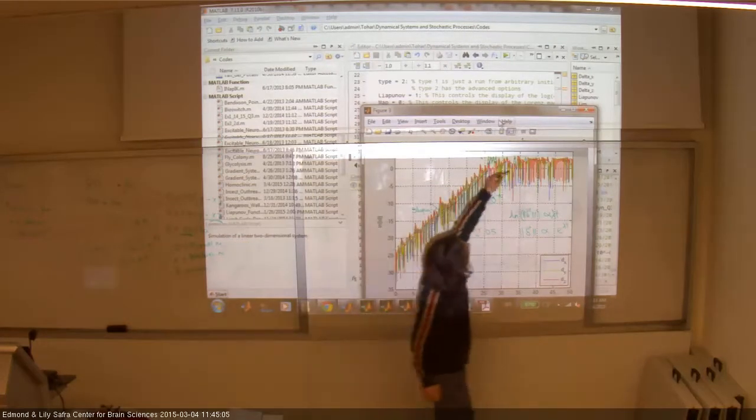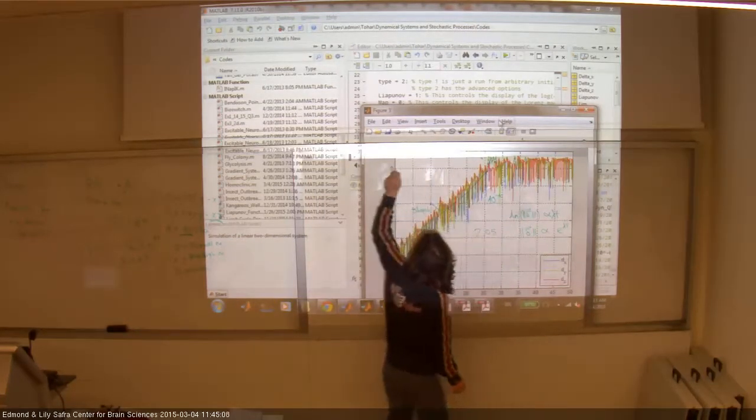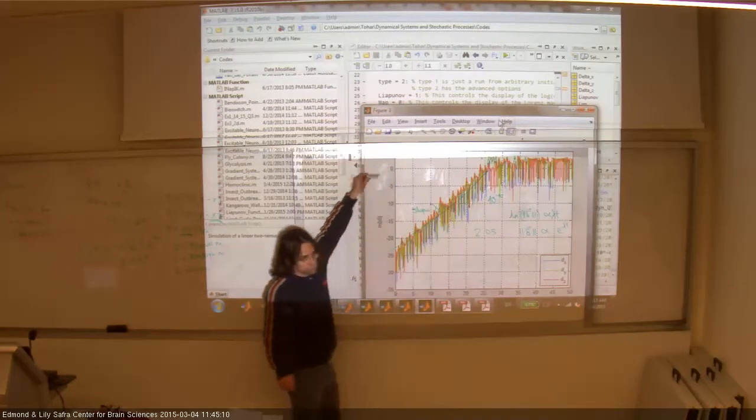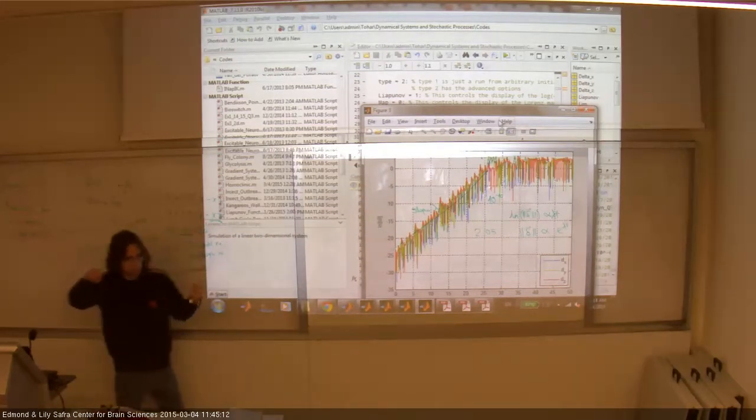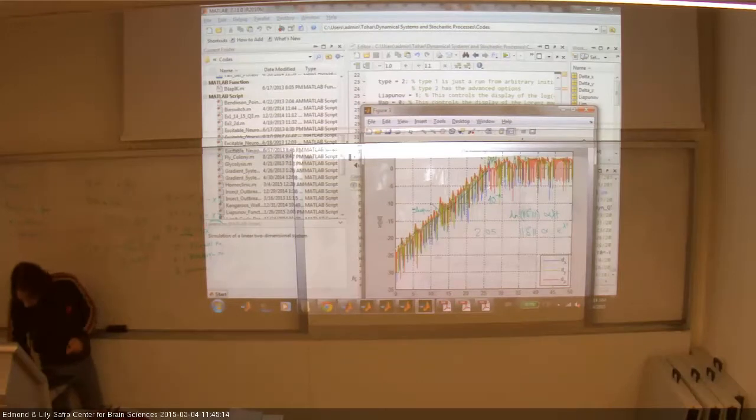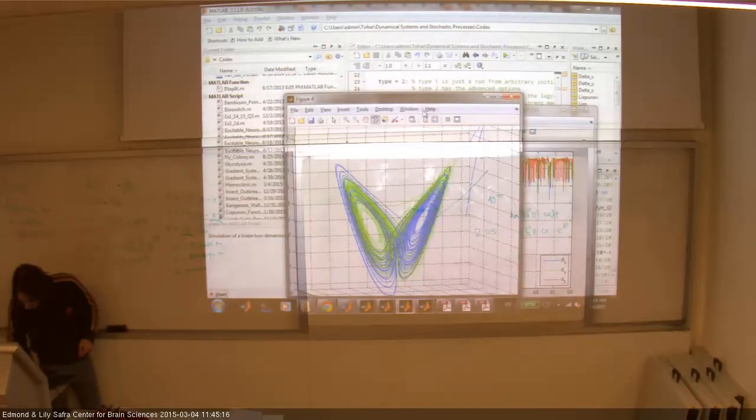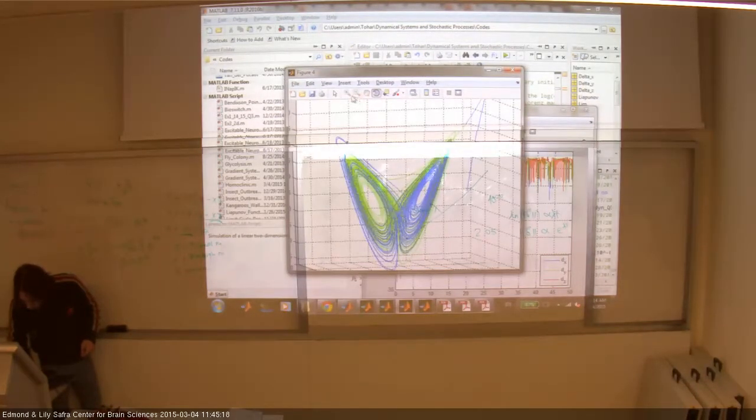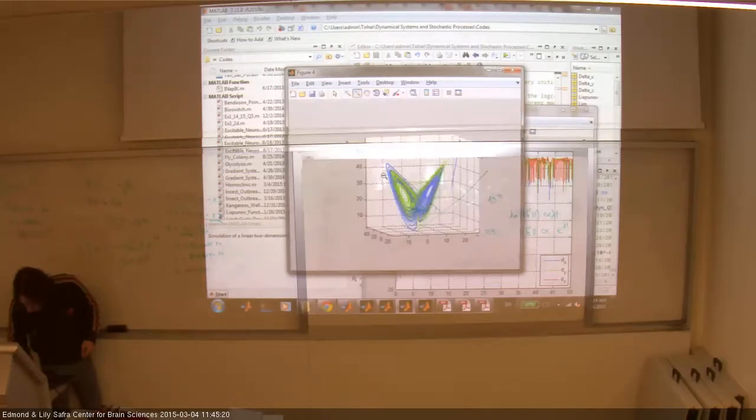Here, this is when logarithm is 0, then the distance is order 1, and if we look at the strange attractor, I want you to see the units. You can see that units here are order 10.